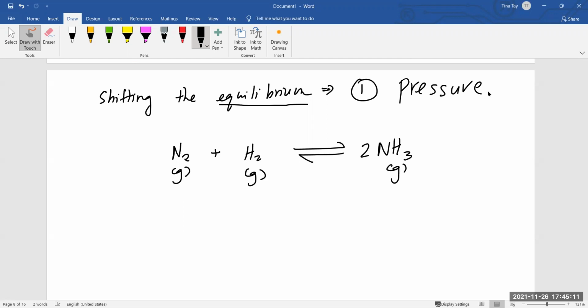Okay, so this is my reactants. How many moles? Oh, not yet finished, not yet balanced. Sorry. Okay, this is my reactants. How many moles of gas do you see? 4.